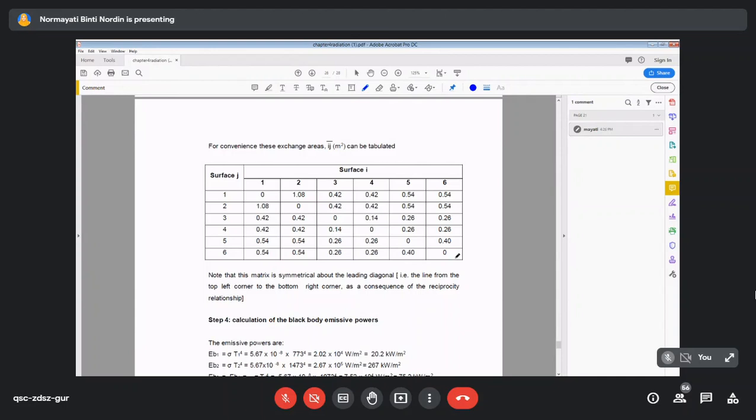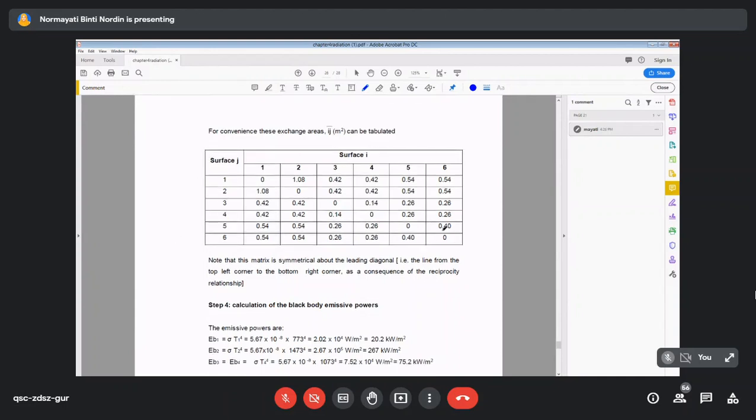Okay, so now you have all the sets of exchange area. So kita tengok ni 1 to 1, 1 to 2, 1 to 3, 1 to 4, 1 to 5, 1 to 6, 2 to 1, 2 to 2, 2 to 3, 2 to 4, 2 to 5, 2 to 6. That's how you tabulate the exchange area. Okay, surface i to j.